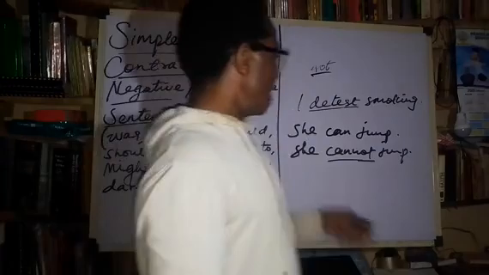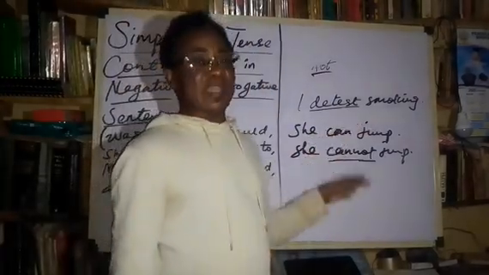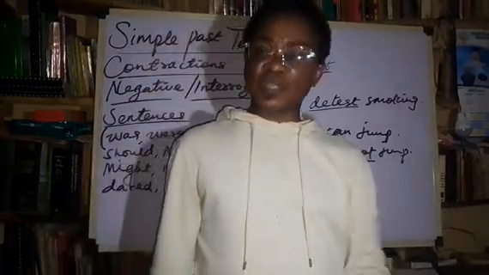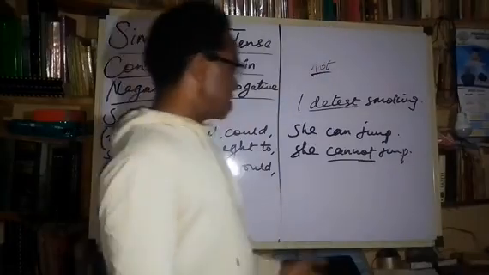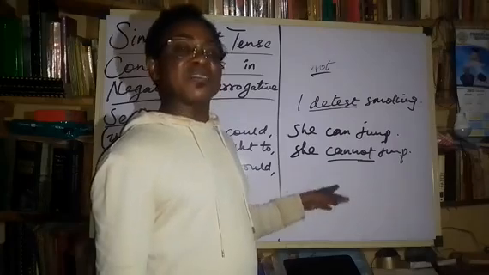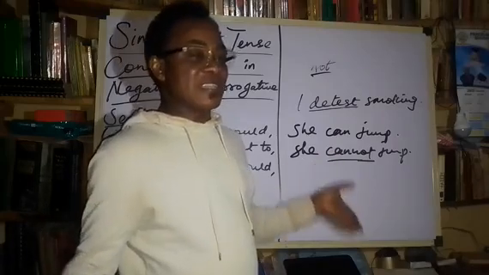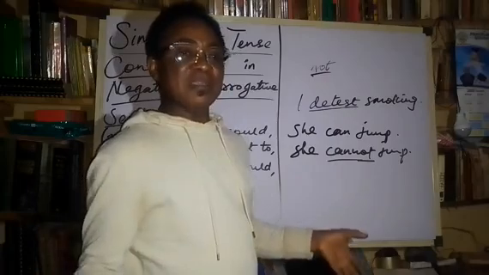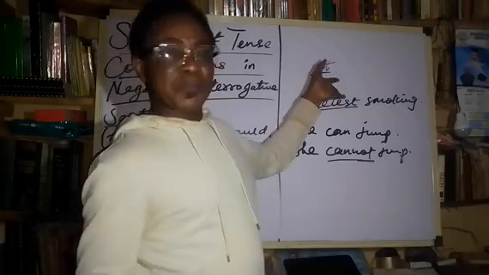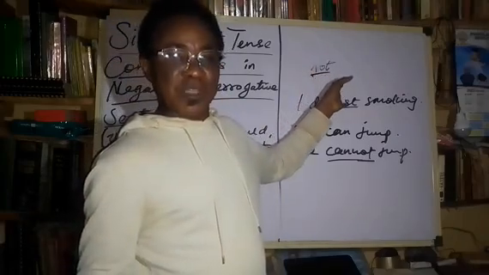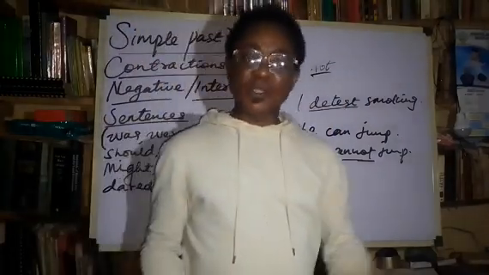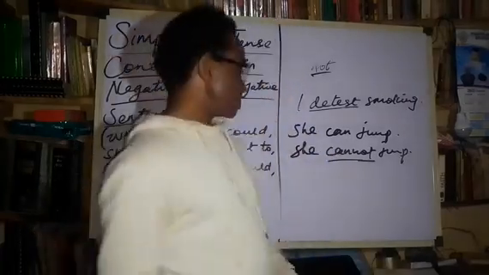So, for a lexical verb to make its own negative, it will need an auxiliary. It will require an auxiliary verb to go with it. But the auxiliary verb itself can make its own negative without requiring any assistance. The auxiliary verb is an assisting verb, a helper verb. It provides help to the lexical verbs to help them be able to make a negation or be able to ask a question.